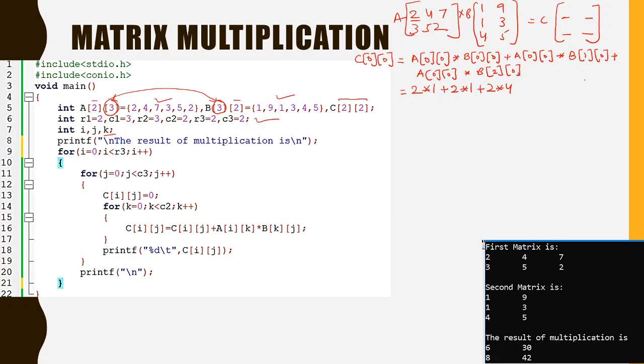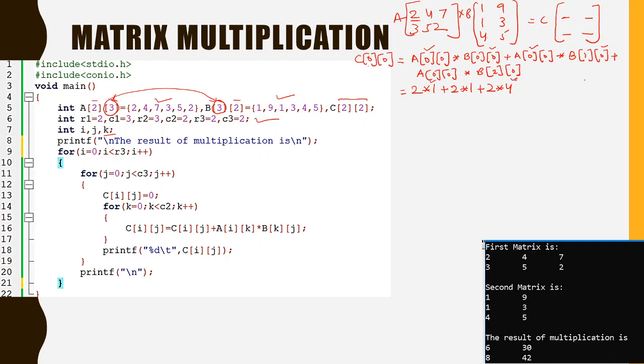You can see that for getting this C00, the first index of A is always the same, and the second index of B is also the same.